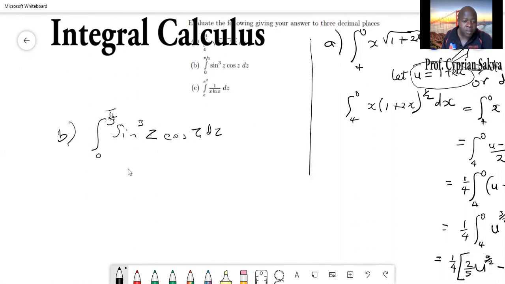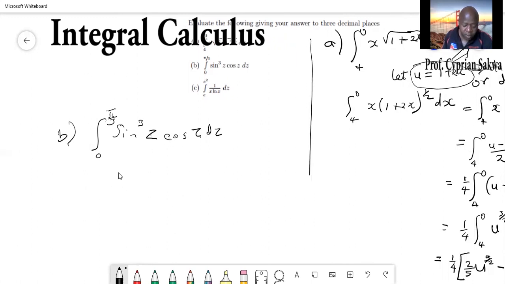Now at this point it's good for us to look at the exponents. The power of sine here is 3 and that of cos is 1, so the powers are both odd. Since they are both odd, it's easier for us to get rid of the one that has a lower power. It's cos. Cos has a power of 1, and sine has a power of 3, so it's easier for us to get rid of cos.